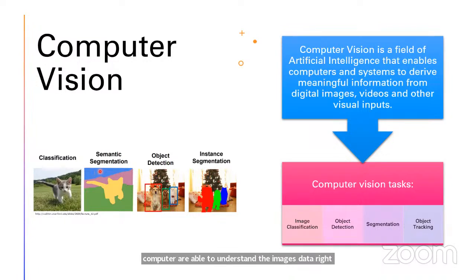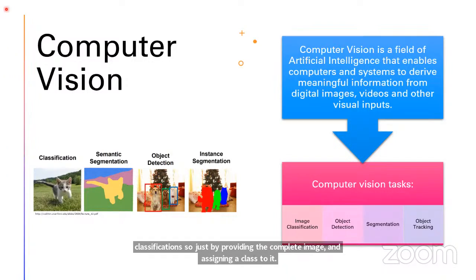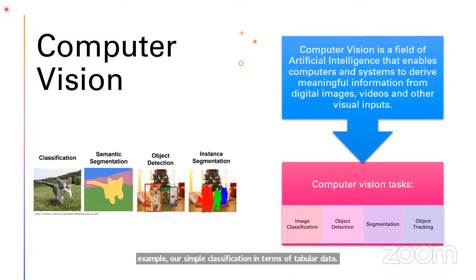Now let's talk about different applications of computer vision using machine learning or deep learning. The first application is image classification: providing the complete image and assigning a class to it. For example, in simple classification with tabular data, we provide different feature values and then a label value.